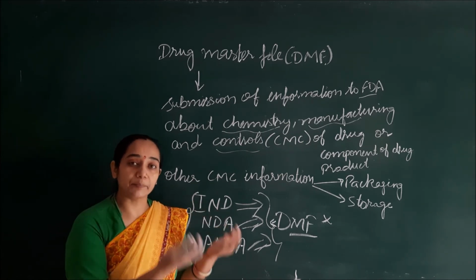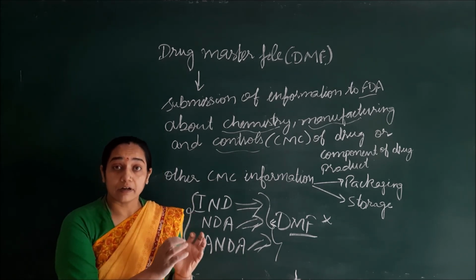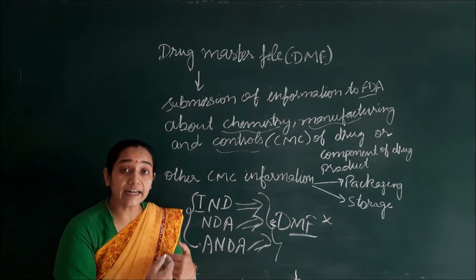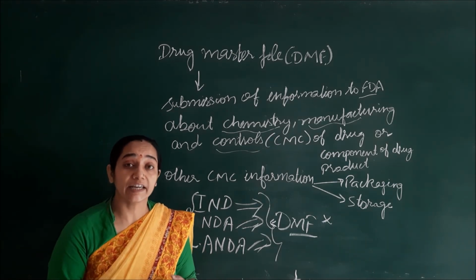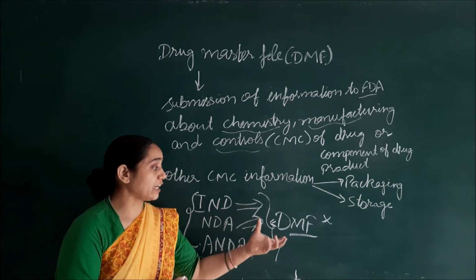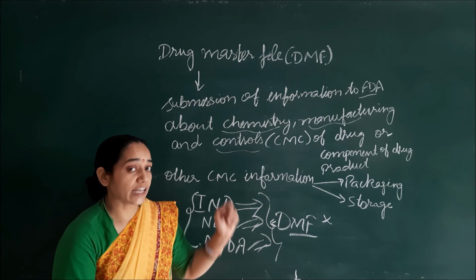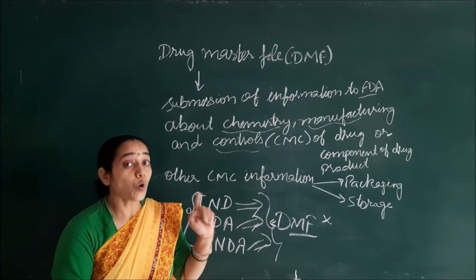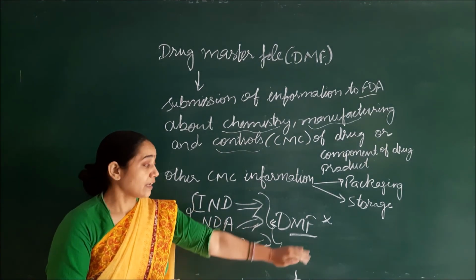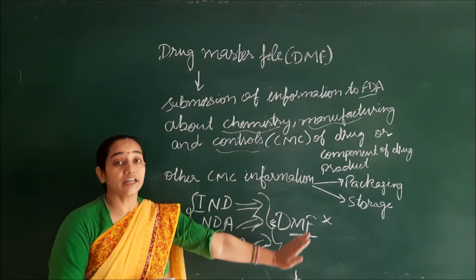If they are submitting to the FDA, then the FDA authority will take the DMF and study it to obtain the information. They will get all the information about the chemistry, manufacturing, control, packaging as well as storage of the drug or drug substance from the information supplemented by the manufacturer in the DMF.